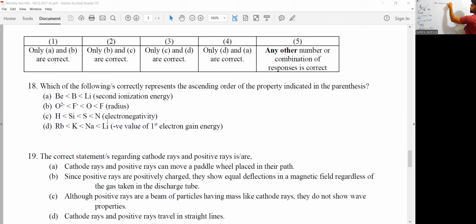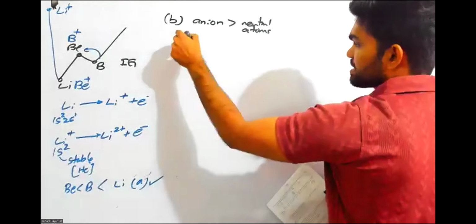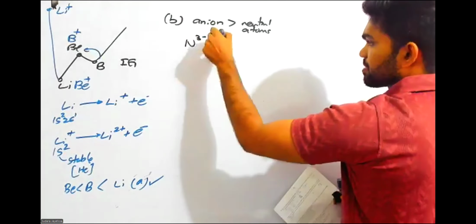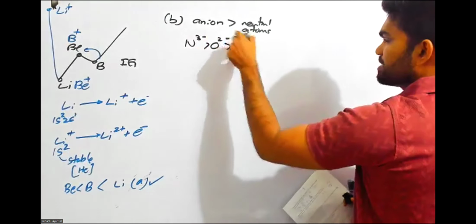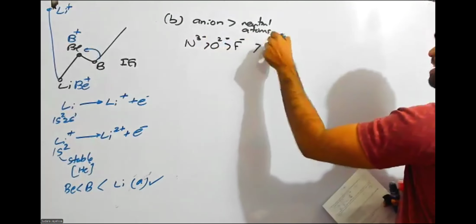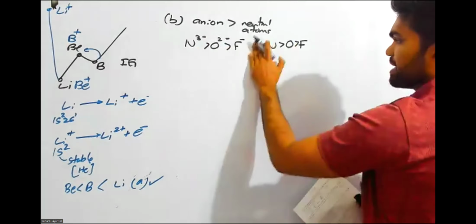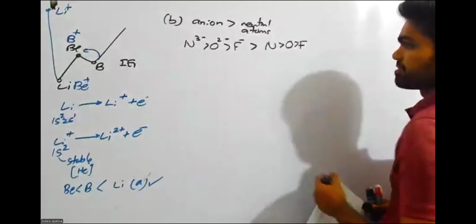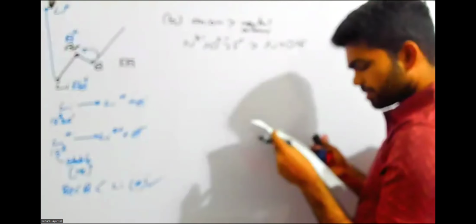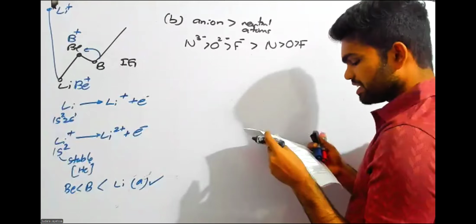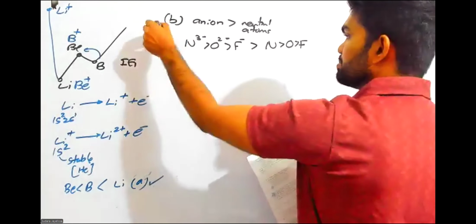Anions like N3 minus, O2 minus, F minus are larger than their parent atoms. That means F minus is larger than F. Remember that. So your B statement is wrong because it is following the other way around. So B is wrong.